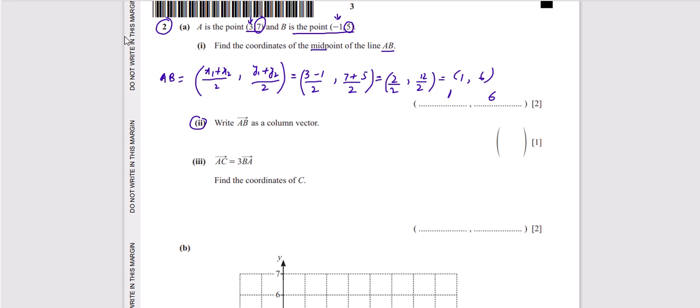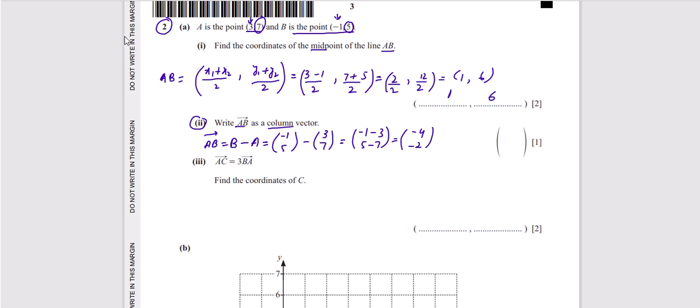Part B. Write AB as a column vector. So AB should be written as B minus A, which is equal to the point of B, -1 and 5, minus the point of A, 3 and 7. -1 minus 3 is -4, 5 minus 7 is equal to -2.